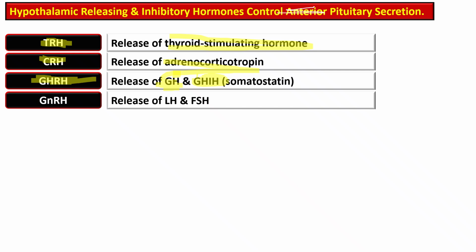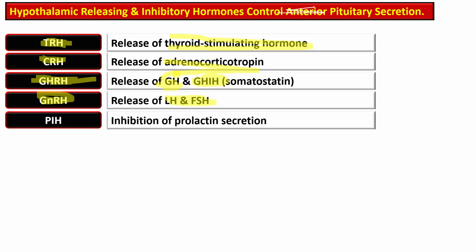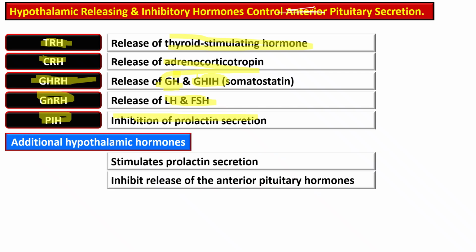Then the gonadotropin releasing hormone causes the release of luteinizing hormone and follicle stimulating hormone. Prolactin inhibitory hormone is responsible for inhibition of prolactin secretion. So there are additional hypothalamic hormones that stimulate prolactin secretion and inhibit release of anterior pituitary hormone.